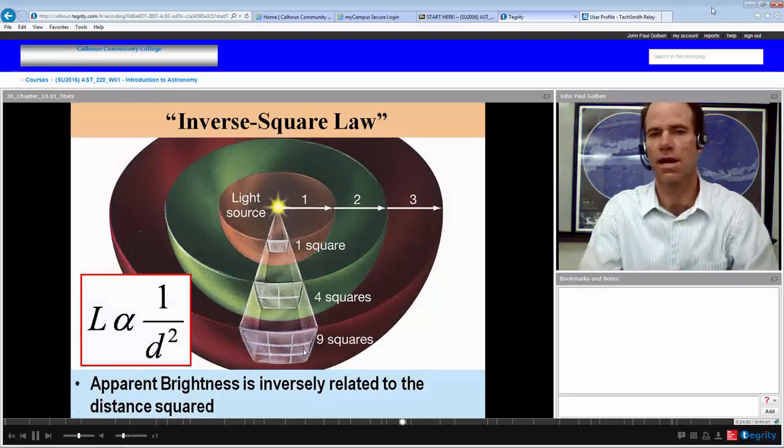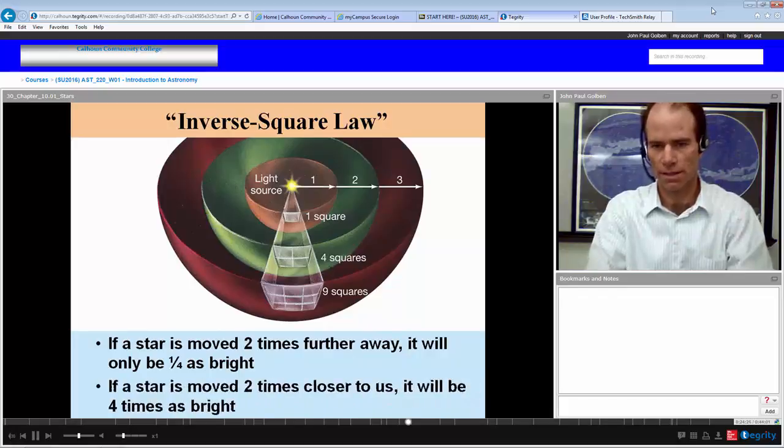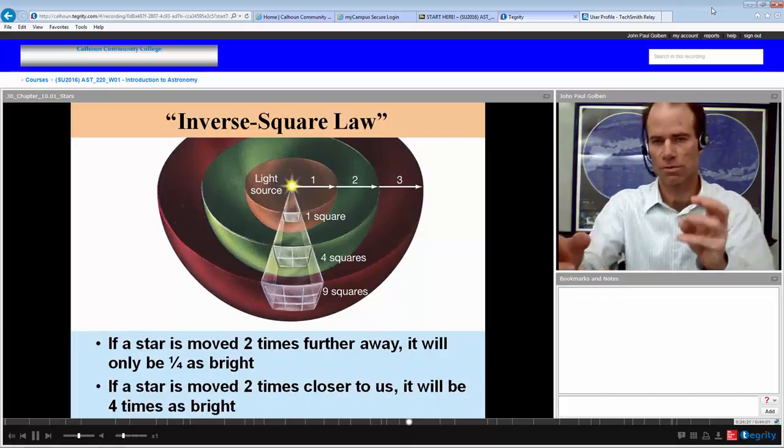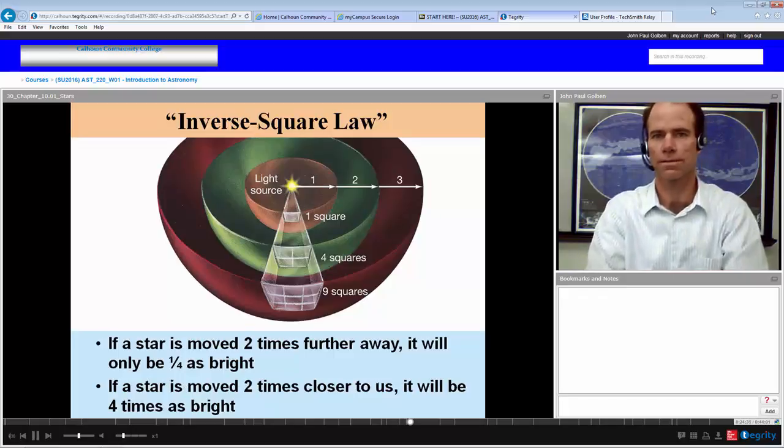Hence, its luminosity would only be 1/9 as much. So the luminosity is proportional to 1 over the distance squared. In other words, it's inversely proportional to the square. And conversely, if a star were moved to 2 times closer to us, it would be 4 times brighter.